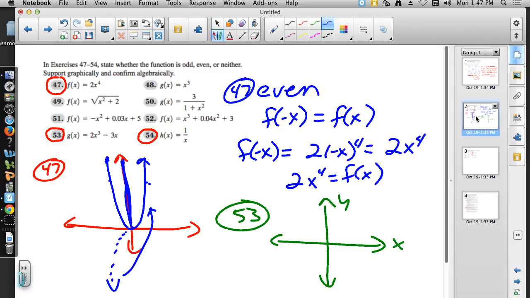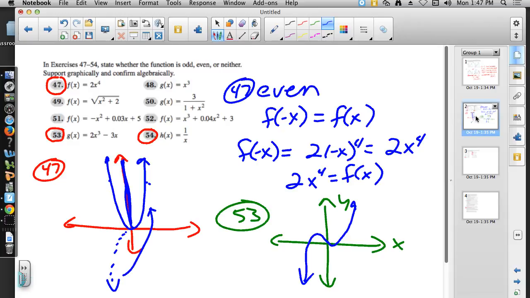All right, so expected a cubic, and this cubic is doing something like this. Like so. So the question becomes, are we talking about even, odd, or neither?